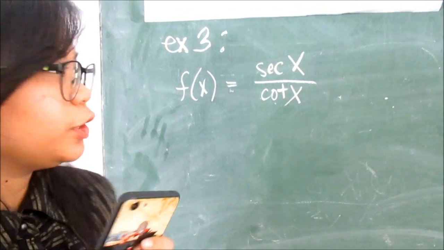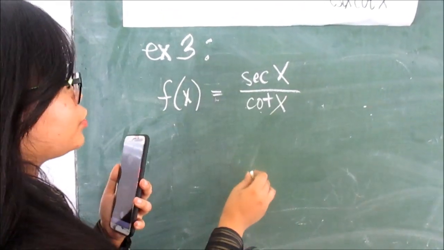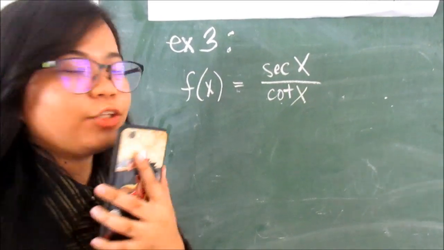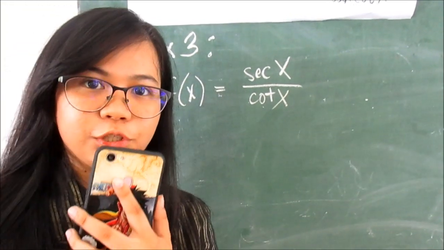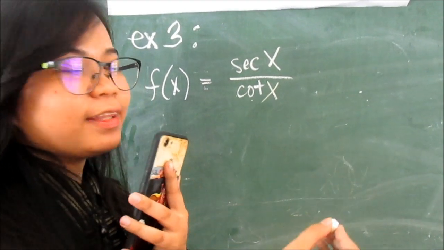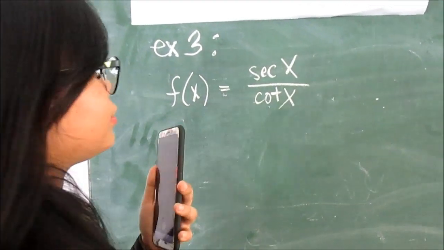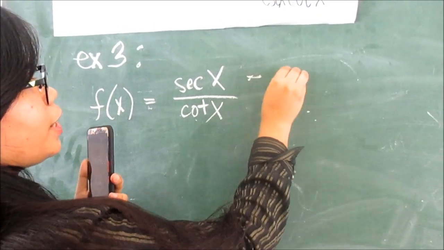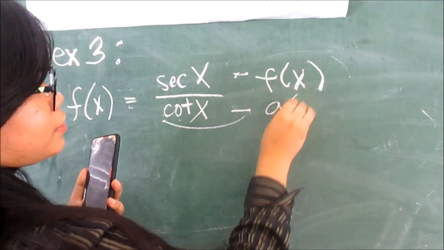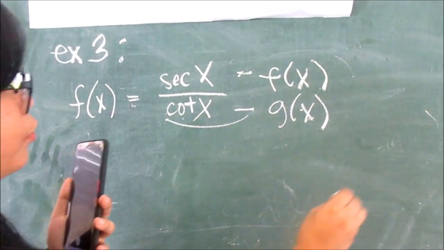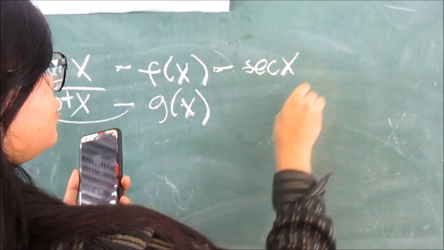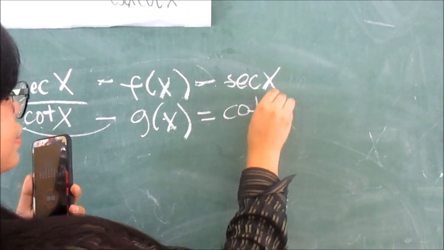So, our next example is f of x is equals to secant x over cotangent x. In order for us to get the derivative of this term, we are going to use the quotient rule. Let's first find the f of x and the g of x. This is our f of x. And this is our g of x. So, we have secant of x and cotangent x.